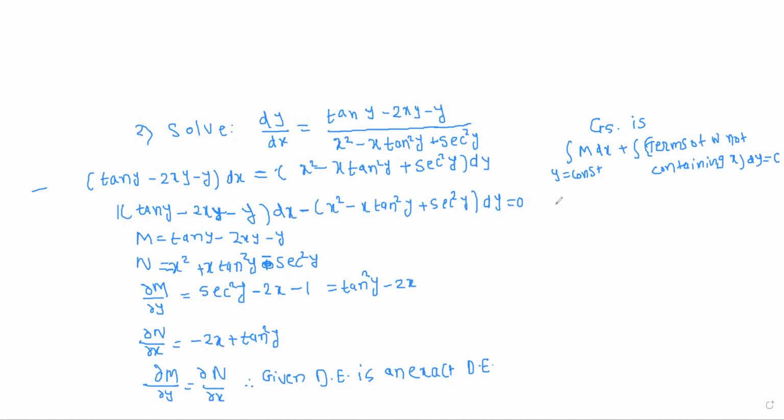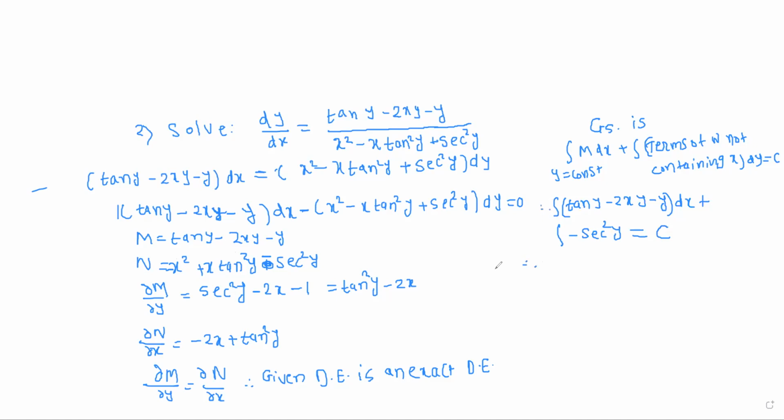So let's find it. M is nothing but tan y minus 2xy minus y, and with respect to x, it is dx, plus the terms of N not containing x. This first term contains x, this term contains x, neglect them. Only take the term without x, that is sec square of y, and which is equal to c.